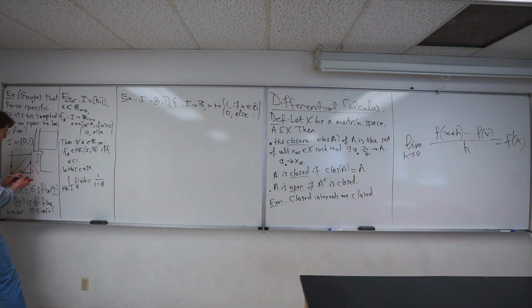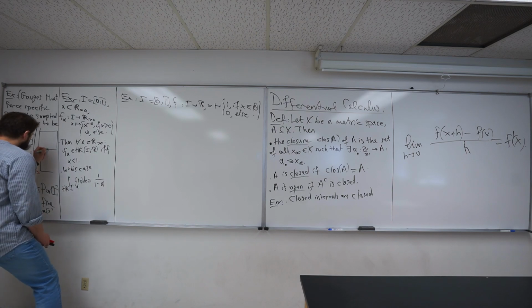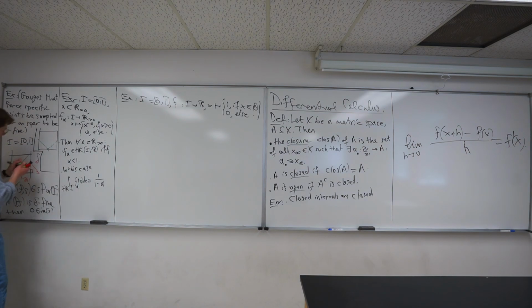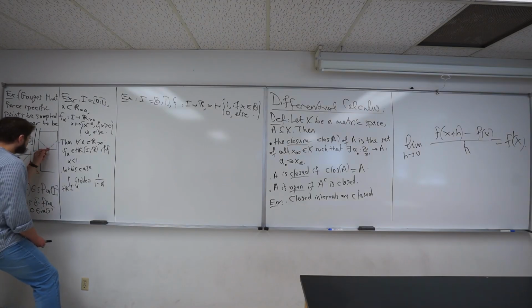Okay, so I'm trying to sample this point, 1/2. Again, look at the two lines with slope 1 and -1. That gives you sort of like an envelope. Okay. And then you can make your delta something like this.